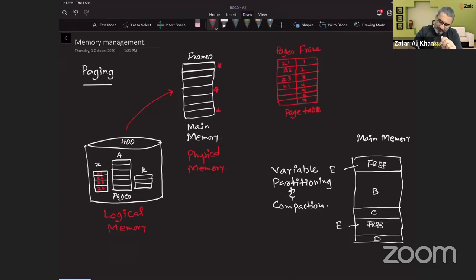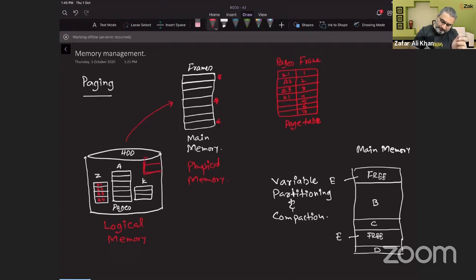Now what happens is that the operating system allocates an area on the hard disk, and this area is called virtual memory.